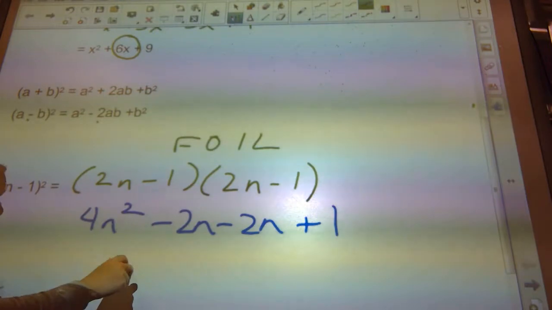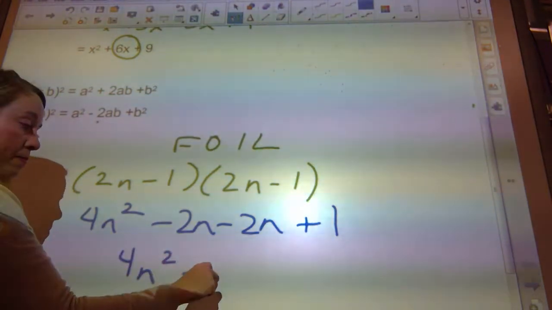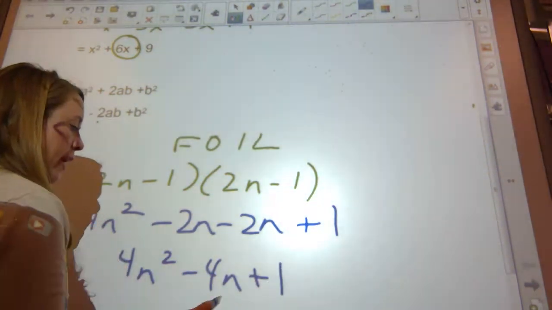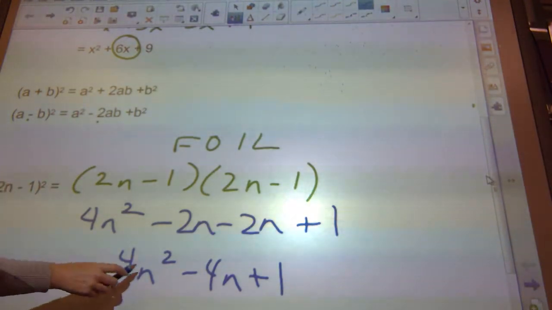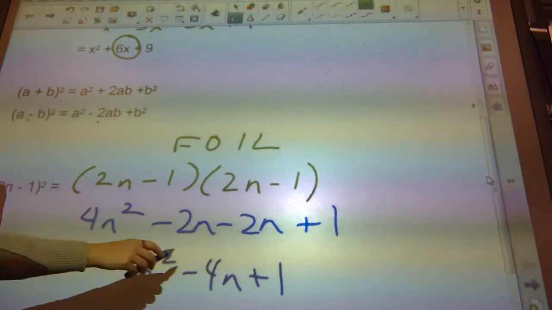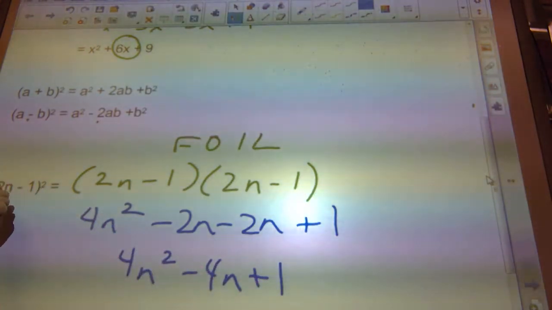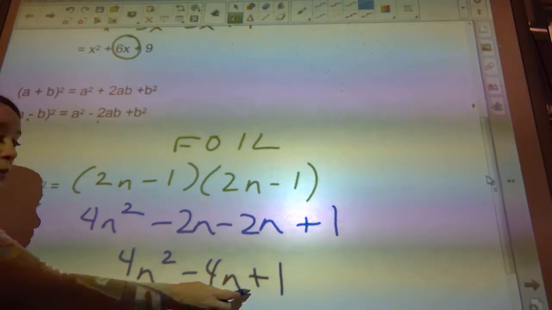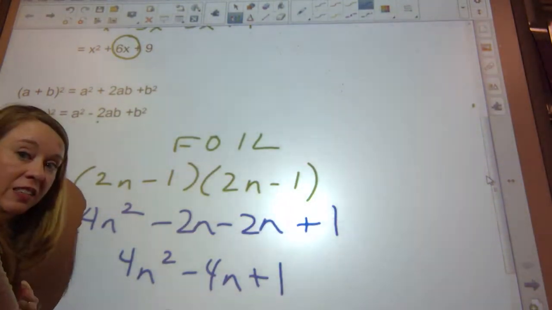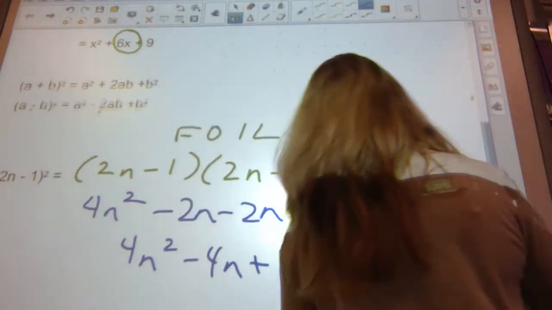Then we're going to combine our like terms. Okay, so once again, for our original term, we just squared this one. We squared the last one. Then we multiplied them together. So we got -2n and multiplied that times 2. That'll get us this. So it's a pattern.